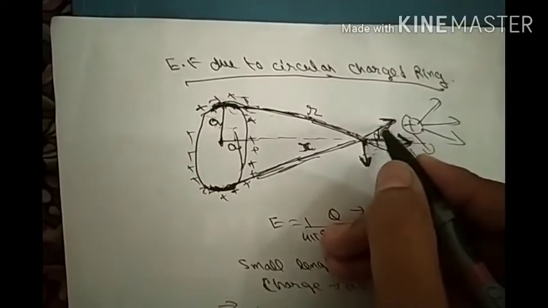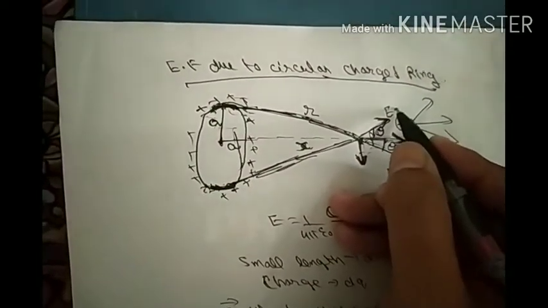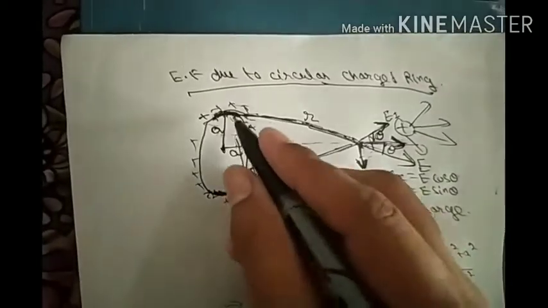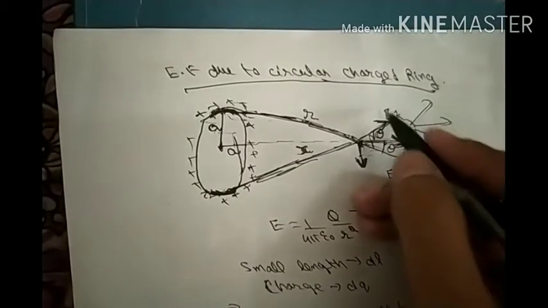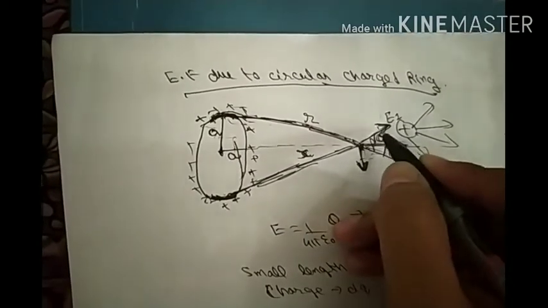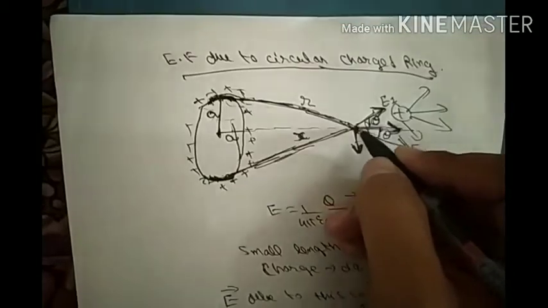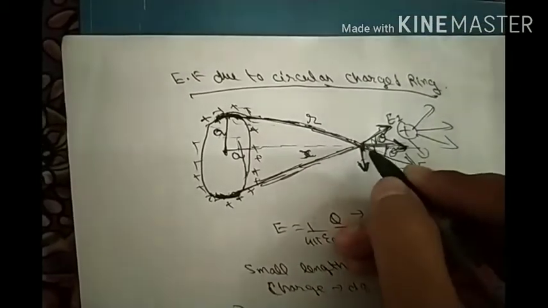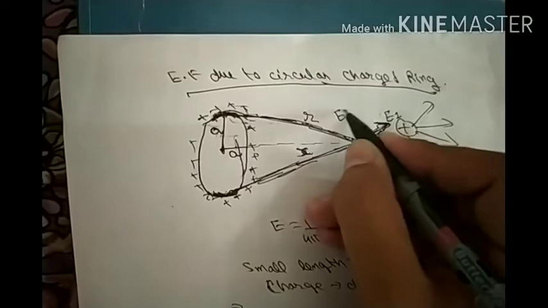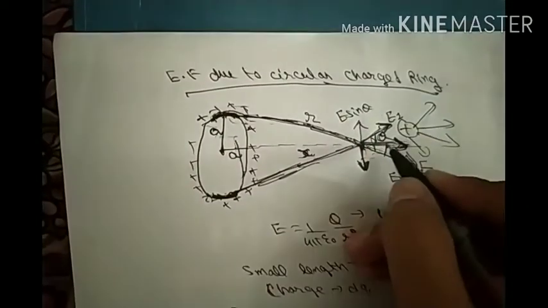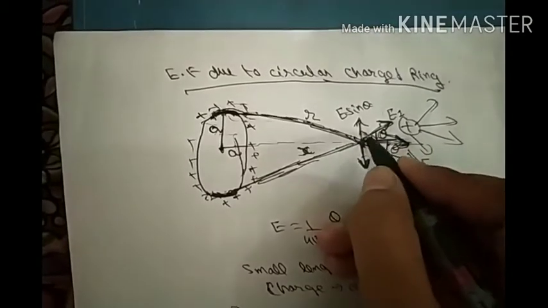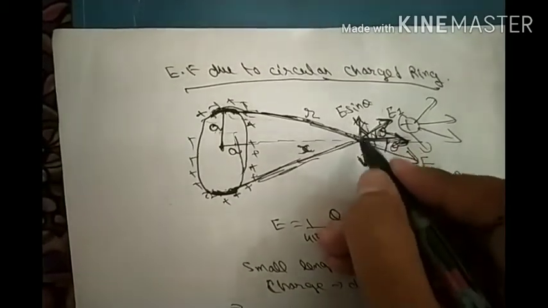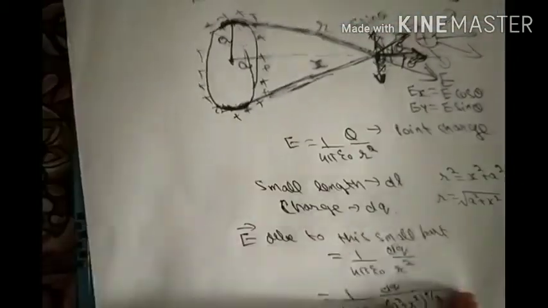Let this electric field be E2, but the value is the same because the length is the same and the distance is the same, so it is E also. It can be resolved into two components, E sin theta and E cos theta. This component and the earlier component are at 180 degrees, so they cancel out. So only the x component remains for the electric field.